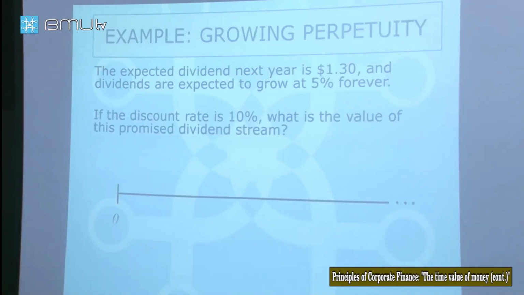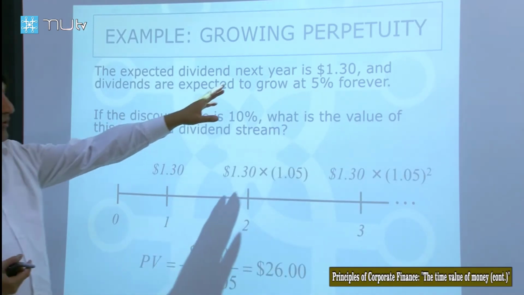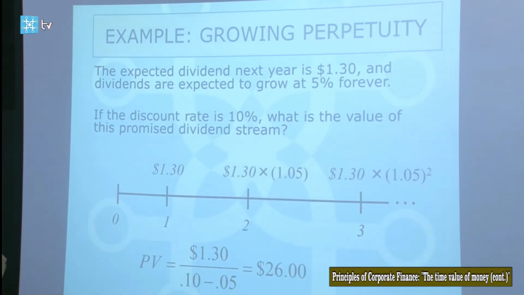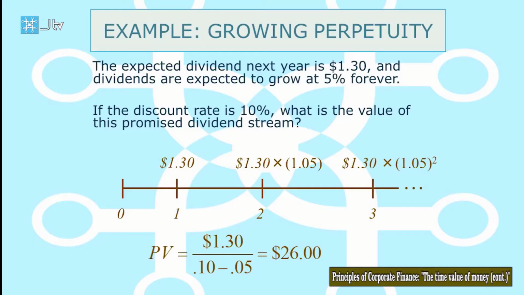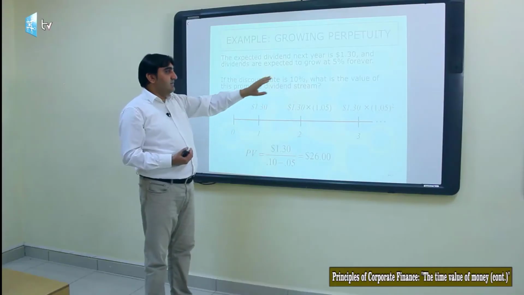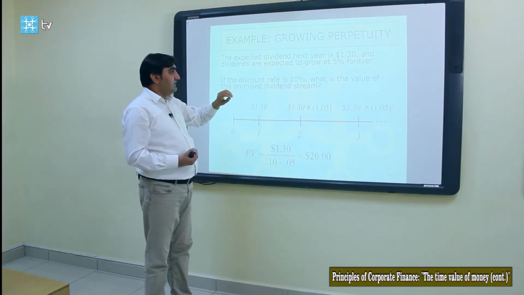An example we have here: expected dividend next year is $1.3 and dividends are expected to grow at 5% forever. So expected dividend next year, C1, is 1.3 and it grows at 5% forever. If the discount rate is 10%, what's the value of this promised dividend stream?